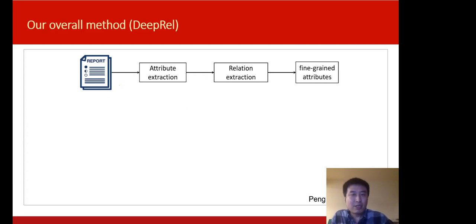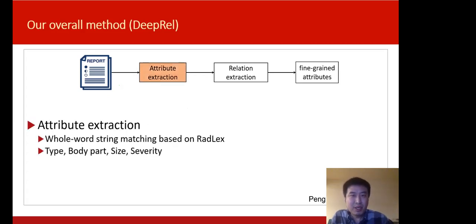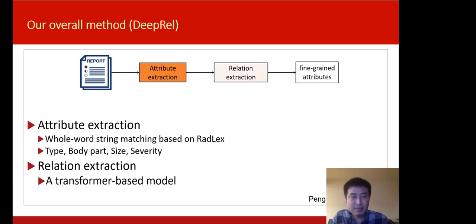Our approach therefore consists of 2 steps. In the first step, we use the named entity recognition tool with the ontology to extract all the attributes from the radiology reports.